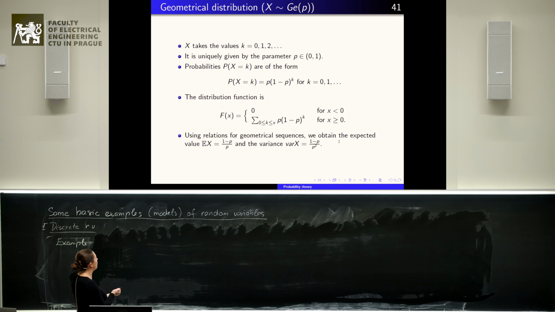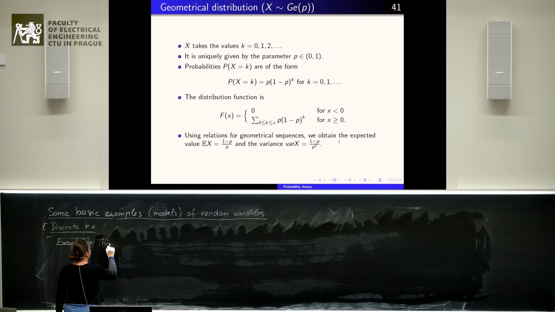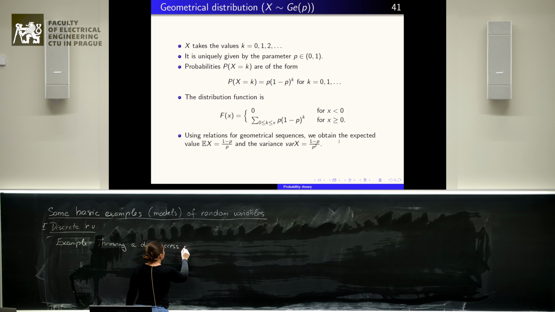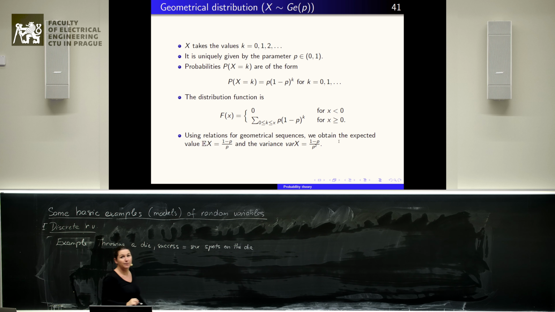And now I would go to the fourth discrete distribution I want to show you. So, example. Let's go back to our situation that we threw our die and success means that we have 6 spots on the die.